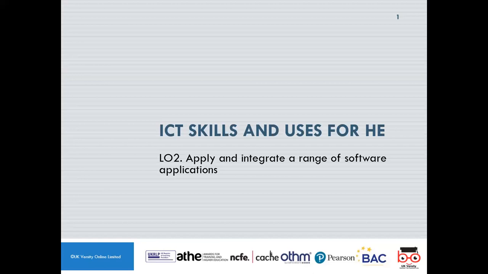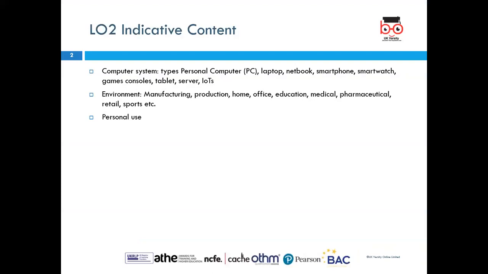So from today, indicative content, we're going to look into computer systems. We're going to define all these types of personal computers, such as laptops, notebooks, smartphones, and any type of IoT devices such as Alexa, smartwatches or tablets.